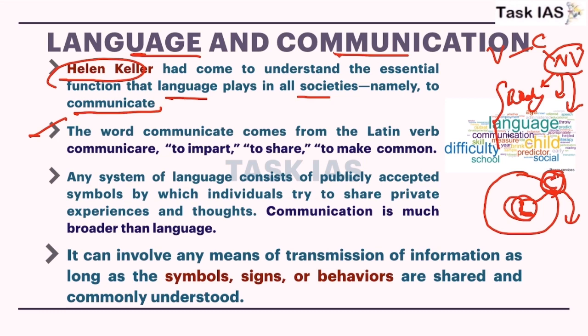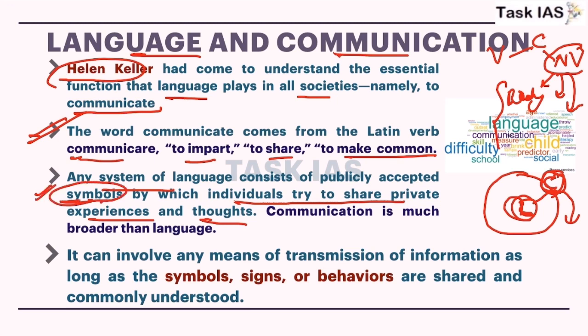So communication is a broader term, language is a smaller term. The word communicate comes from the Latin verb communicare, to impart, to share, to make common. So communication has a role in sharing information. Any system of language consists of publicly accepted symbols by which individuals try to share private experiences and thoughts. If the word symbol is used in a statement, you can connect how symbols were used by different anthropologists.